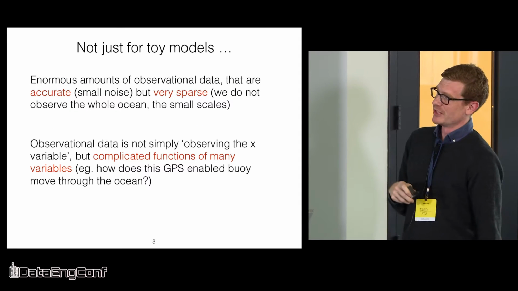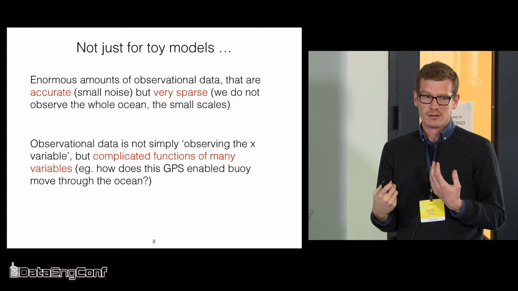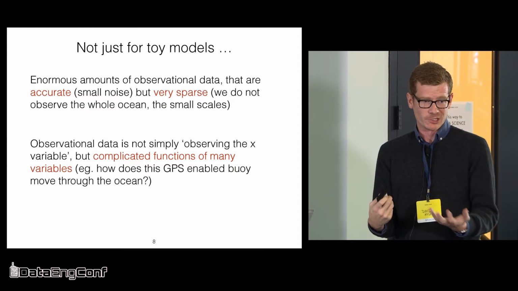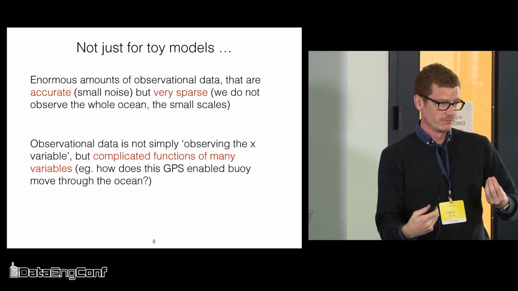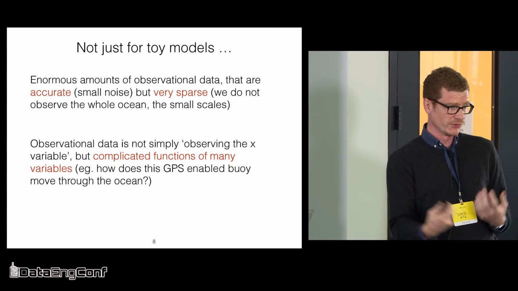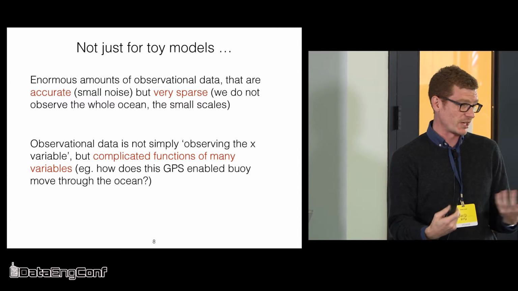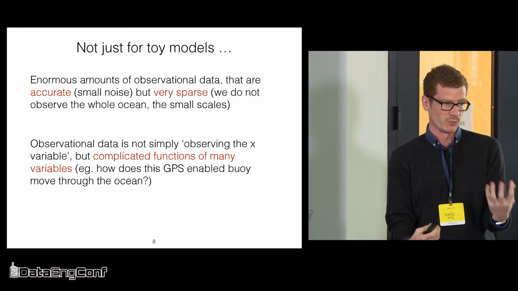The observations that you make are things like, I drop a buoy in the ocean, I let it float around, the buoy is GPS activated. What does that tell me about the ocean currents? I have weather balloons that move around that make measurements of pressure. They give me extremely sparse data measurements because it's the pressure at one point in space.